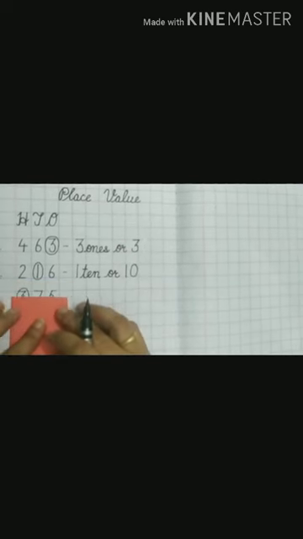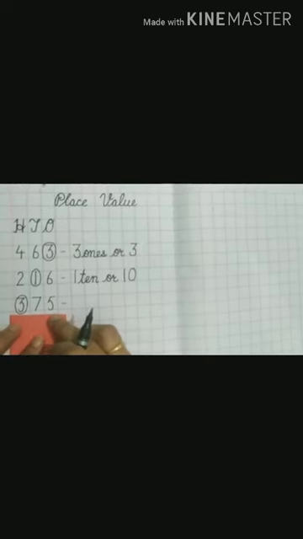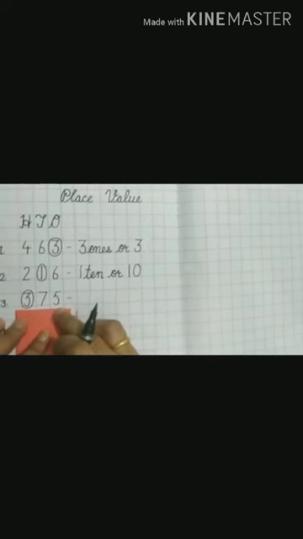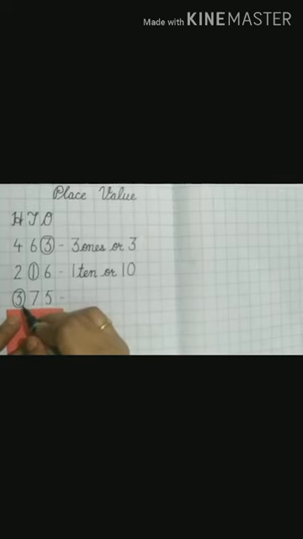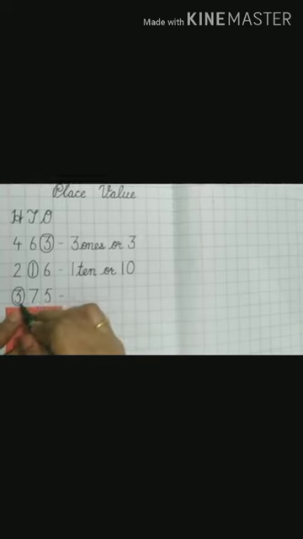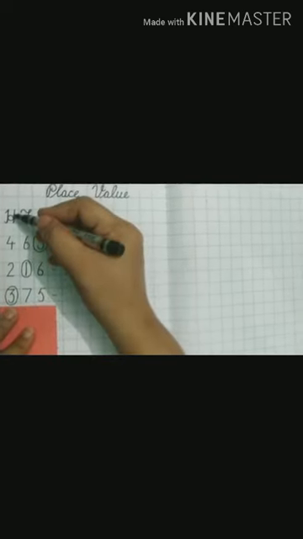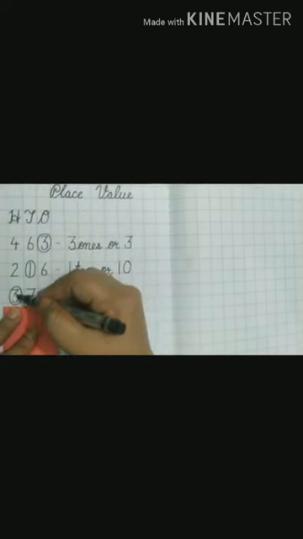The next number is 375, and here the encircled digit is 3. So, where is 3? Yes, it is in the home of hundreds.